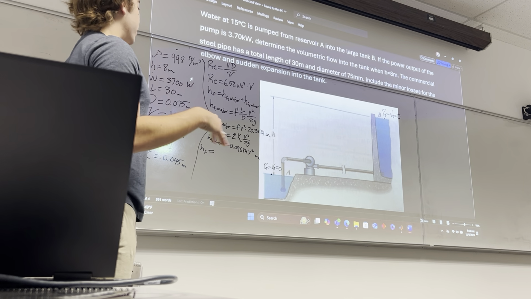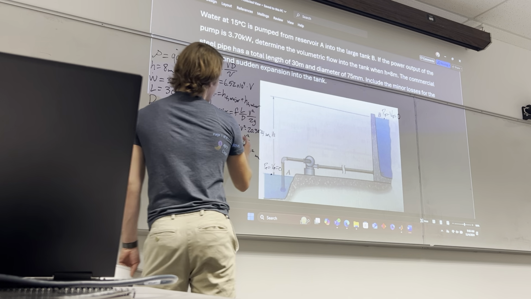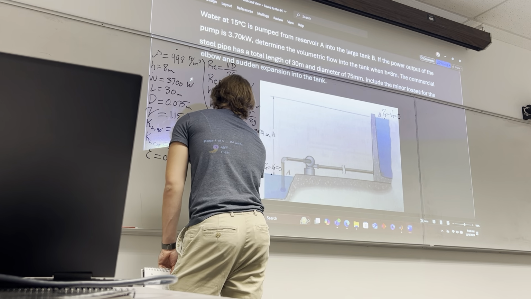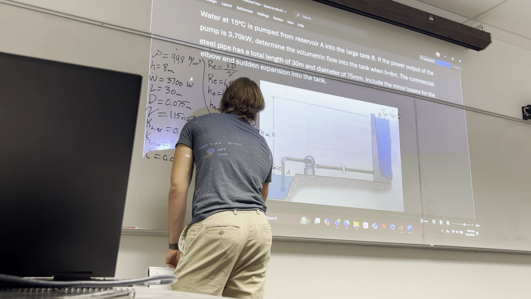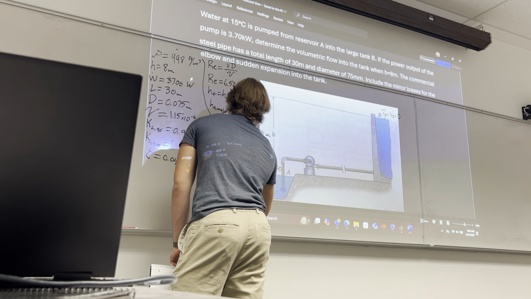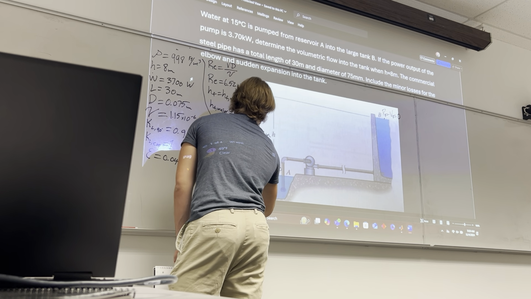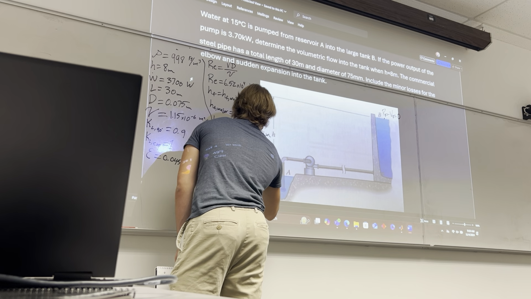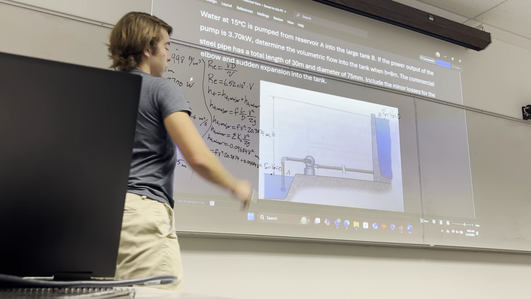Adding them together, you could factor out a V squared. I'm not going to. I'm just going to write f V squared plus blah blah blah times 20 point. Factor it however you want. Doesn't matter.